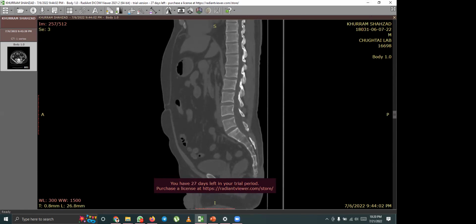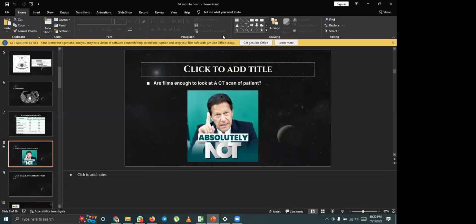There are softwares which are freely available for viewing. For Windows, it's RadiAnt Viewer, and for iOS, it's Horos. You can have that on a laptop. You can ask the patient to bring the DVD with them. Every single private center gives the DVD with the study.